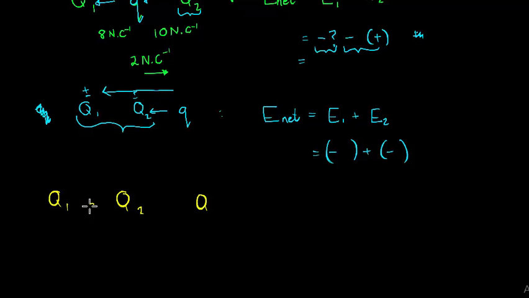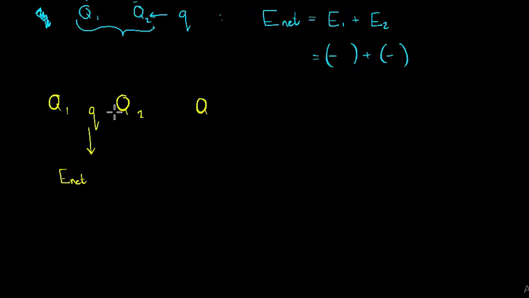If my unit charge is here, then the net electric field is from the charges on the same side, Q2 and Q3, so it's the sum of those two: the electric field produced by 2 plus the electric field produced by 3, minus the electric field produced by 1. Obviously we're then considering this to be the positive direction, because we've taken E2 and E3 to be positives and E1 to be negative.